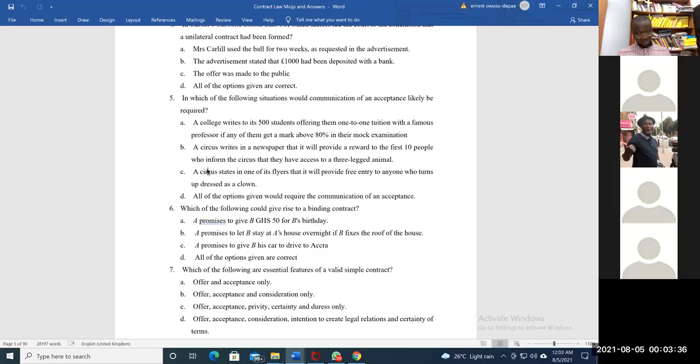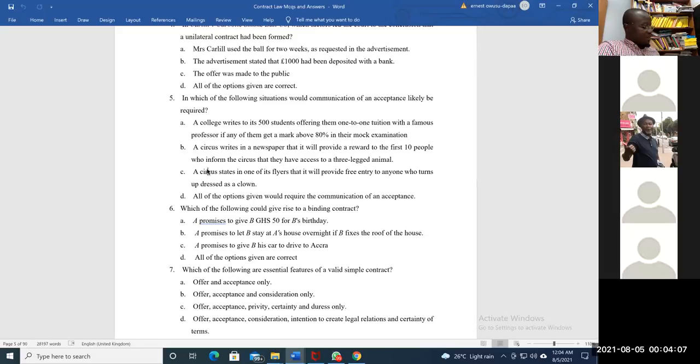If you read text writers or authorities, for example, to cite one of our own, Marcel Ofoku-Agyemang's book, which I have in mind: examples of unilateral offers are advertisement offers made to the world, Carlill and Carbolic Smoke Ball, that's what he cited. Lost and found advertisements with promises of reward attached. This also classifies as an offer to the world at large.